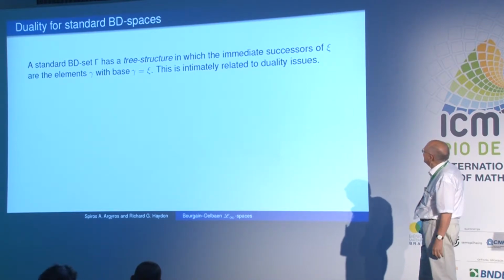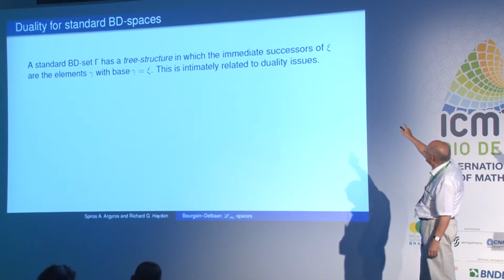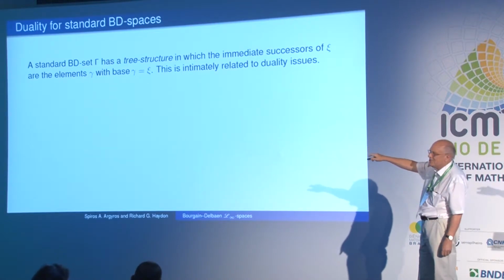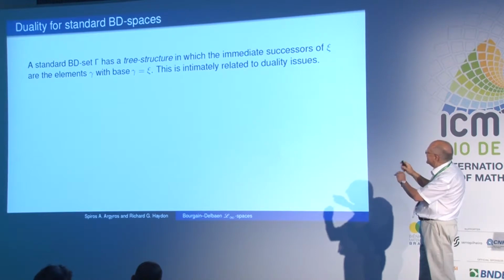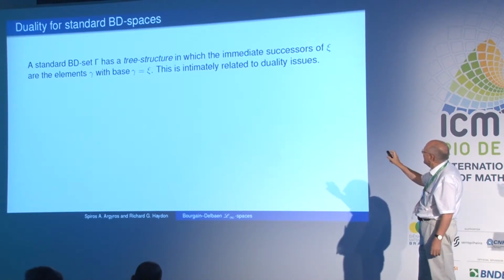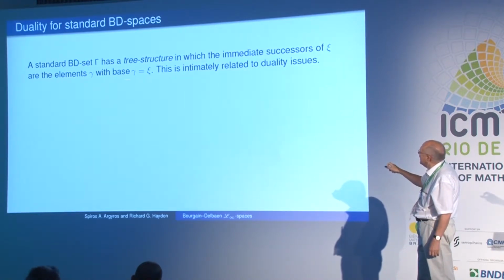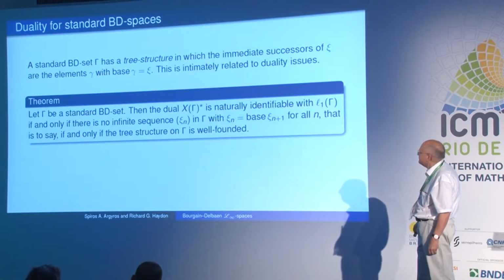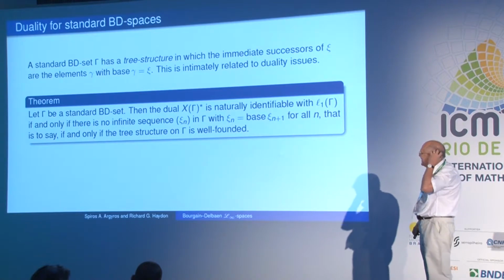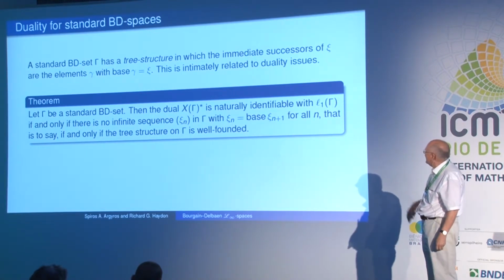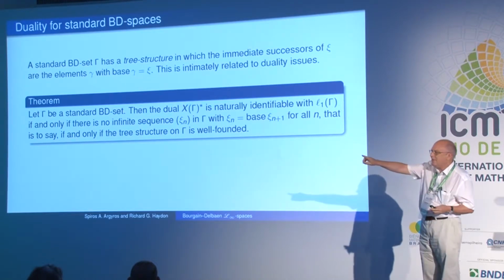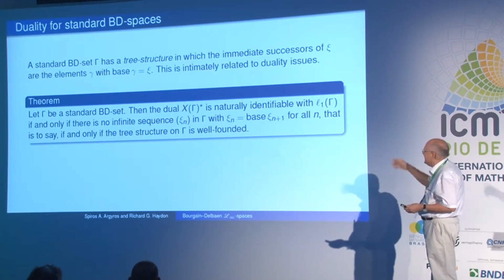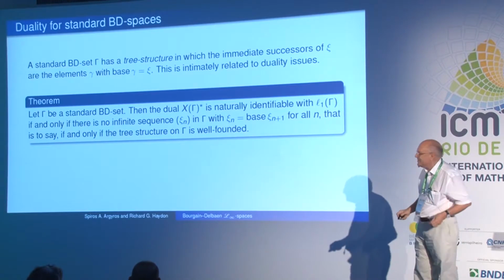And so for a given gamma, you remember, psi is the thing that sometimes turns up in the C star of gamma. So the immediate successors in the tree structure are the elements whose base is psi. And it turns out that the dual identifies naturally with L1 of gamma. It's exactly if there isn't an infinite branch in this tree, so that's called being well-founded.